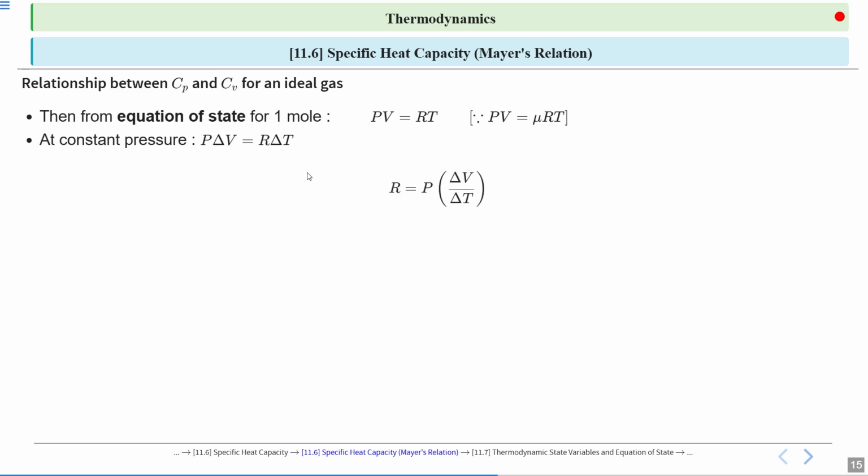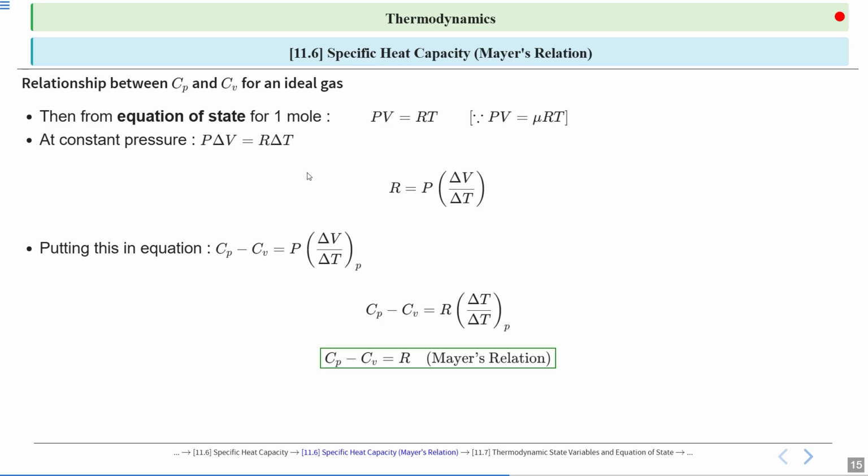Further solving, you will get R is equal to P into delta V divided by delta T. Putting this in the equation, Cp minus Cv is equal to R into delta T divided by delta T. So delta T cancels out. All right. The remaining term is Cp minus Cv is equal to R.